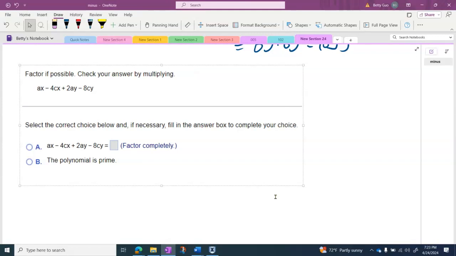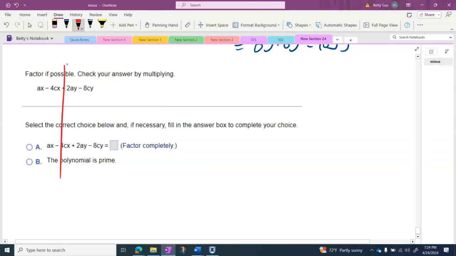Yes. It works, the grouping method works, but it's challenging. Actually, it works as well. So cut in the middle. It's factoring by grouping.